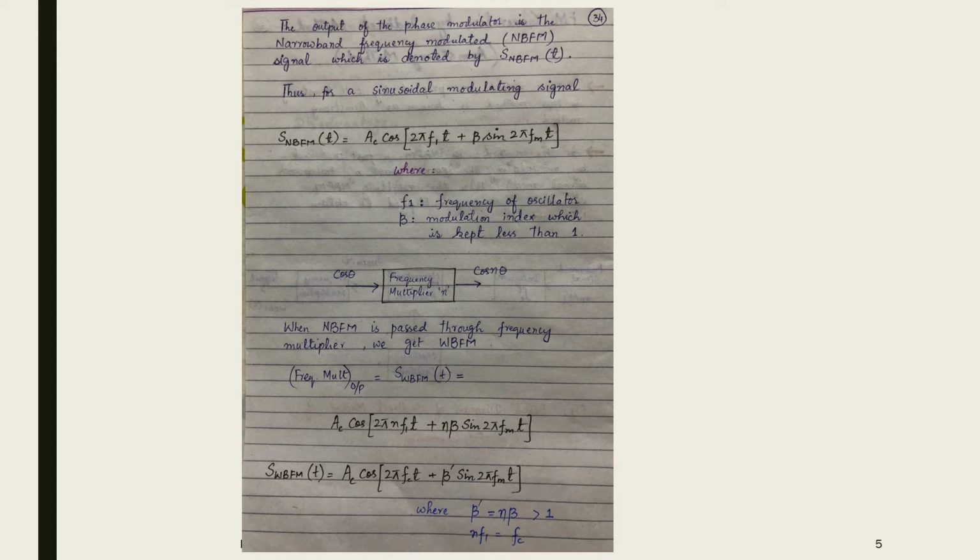We know that β is the modulation index, and for narrowband FM its value is less than 1. But when it is multiplied by n, which will be a large number, at the output we get a value greater than 1. So the modulation index overall is greater than 1, and this is a wideband FM signal.